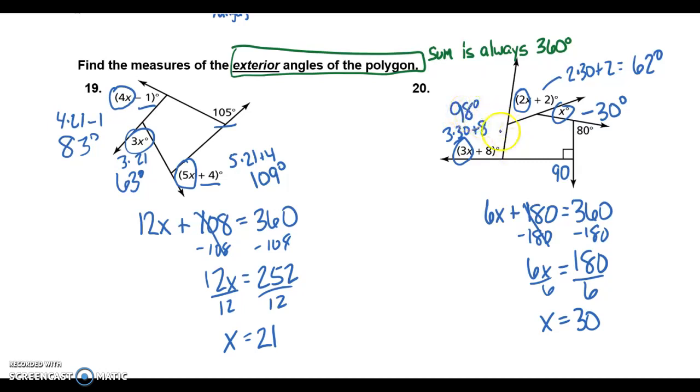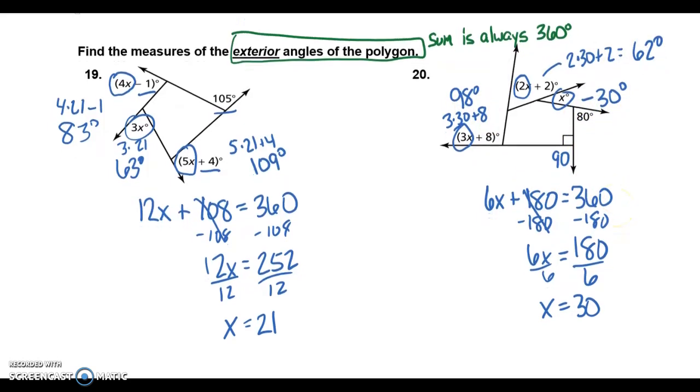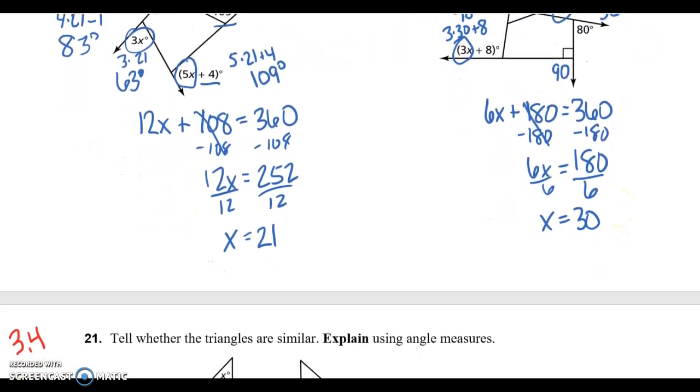So if I add 98, 90, 30, and 62, oh, and don't forget that 80, those 5, we know there are 5 angles we have to add together because there are 5 sides. So these 1, 2, 3, 4, 5 numbers added together equals 360. Then we are correct. Check yourself. You've got time on your test.